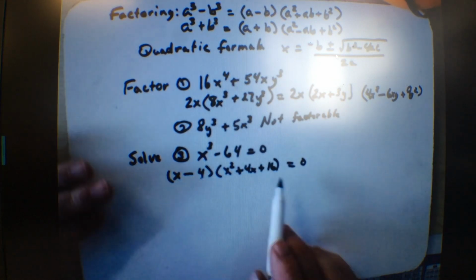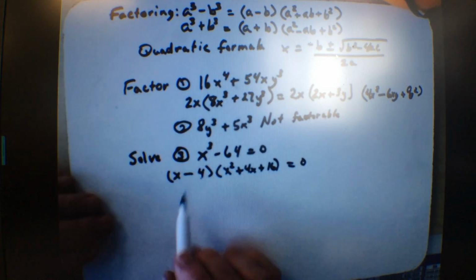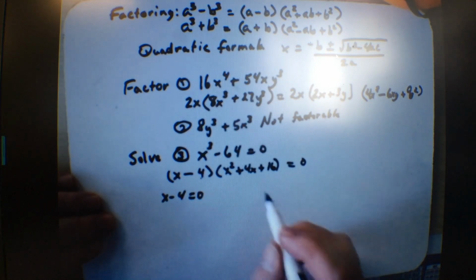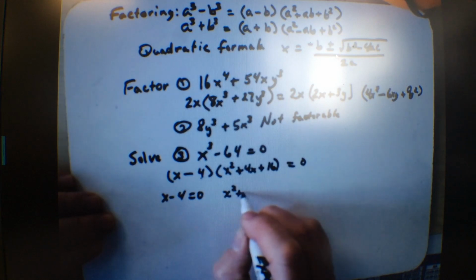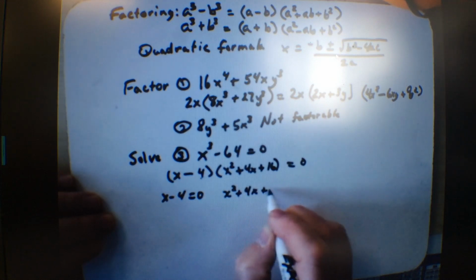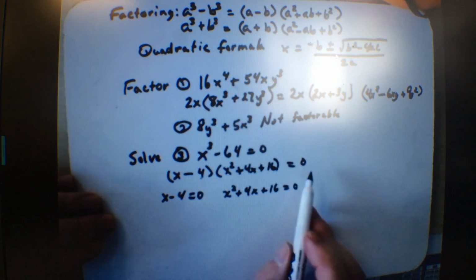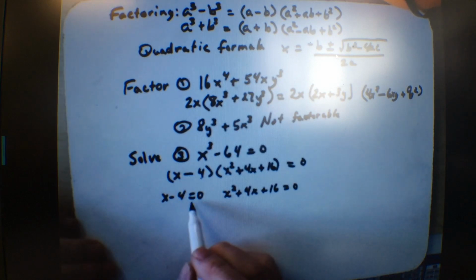Okay, so now we want to find out what solves this, correct? So we set both of these equal to 0. This is the zero product property. It says that if this number times this number is 0, one of them has to be 0. Do you understand that? Well, this one's really easy to solve for.